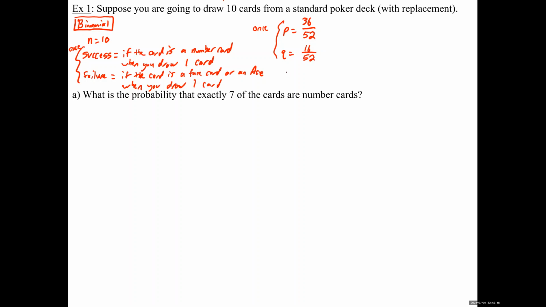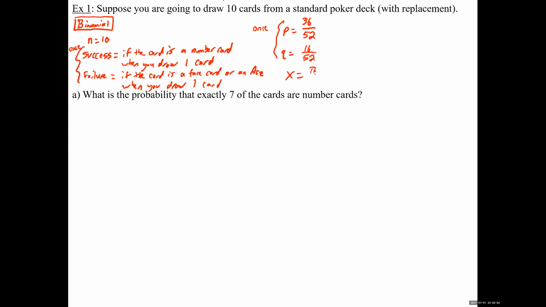And the last thing you're going to write down is what your variable is, capital X. Capital X is always the total number of successes. Whenever you write down what X is, it's always the total number of successes. But don't write the word success. Write what a success is.